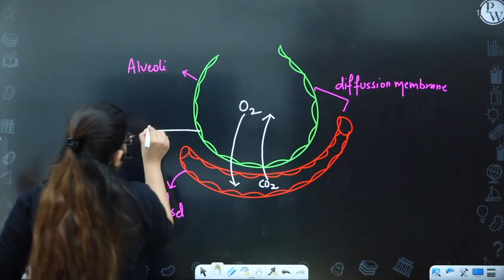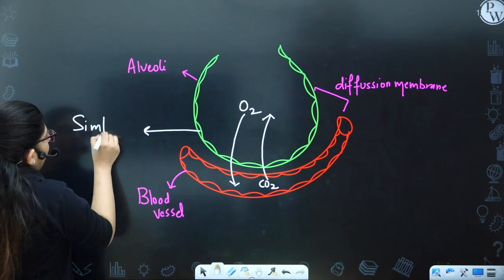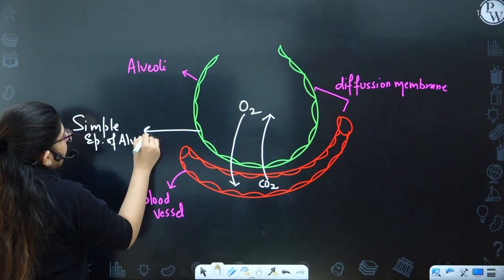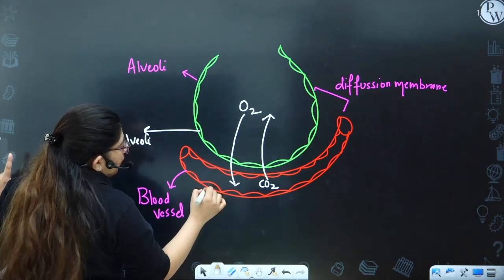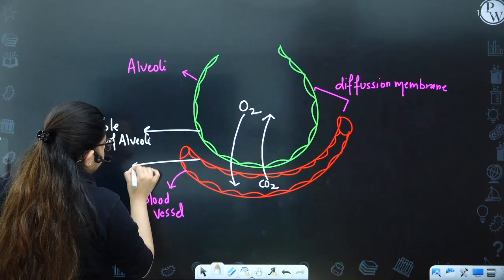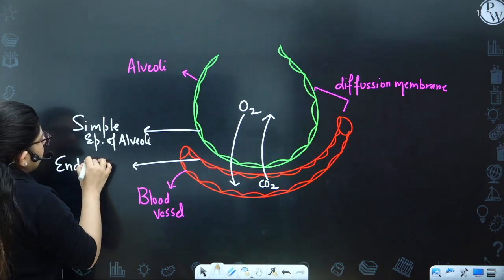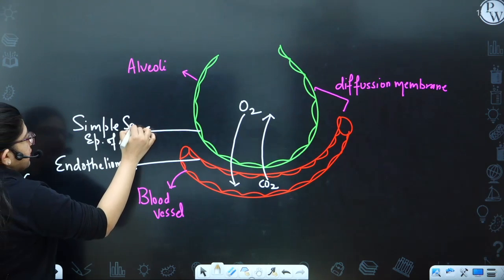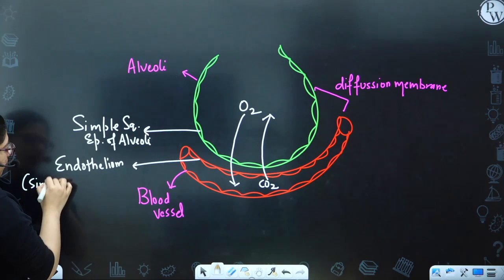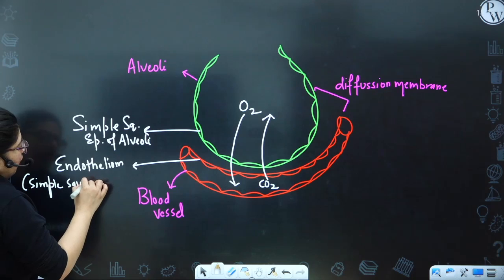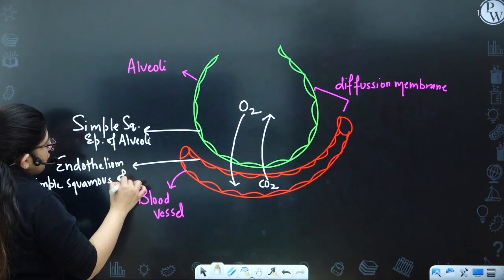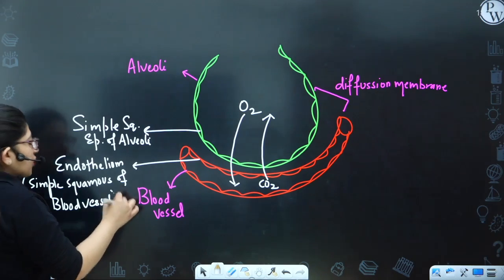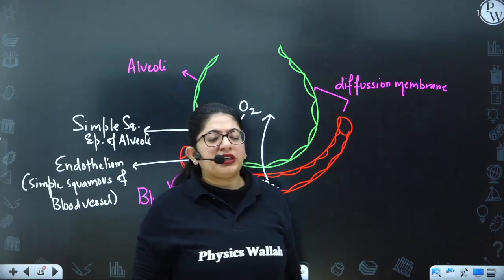First, the simple epithelium of alveoli. Second, the endothelium. Now, what is this? This is the endothelium. What is endothelium? The simple squamous epithelium of blood vessel.